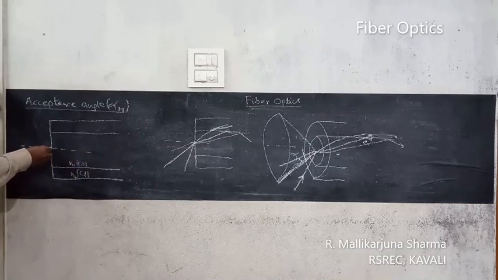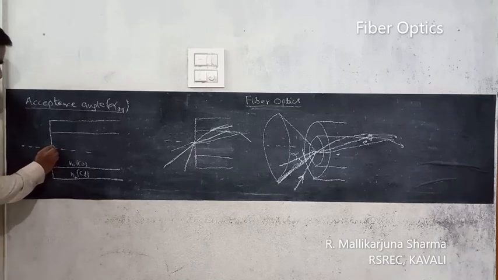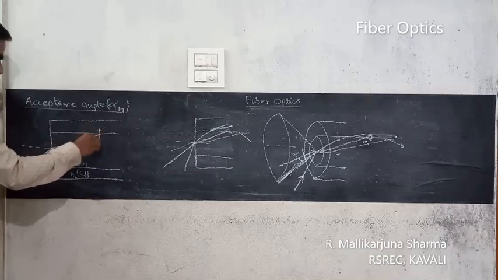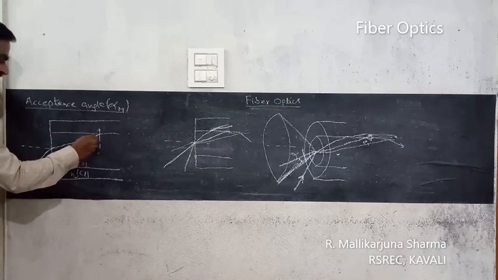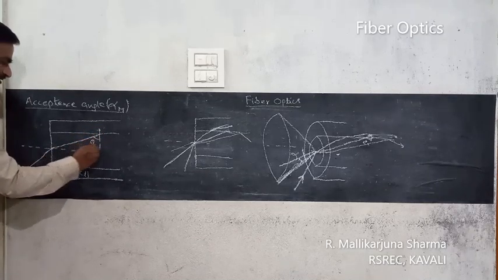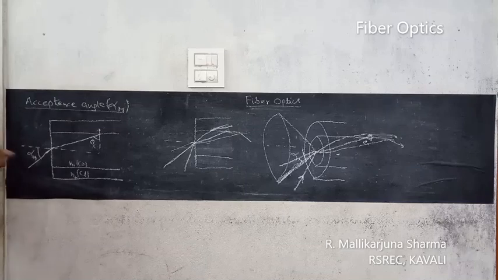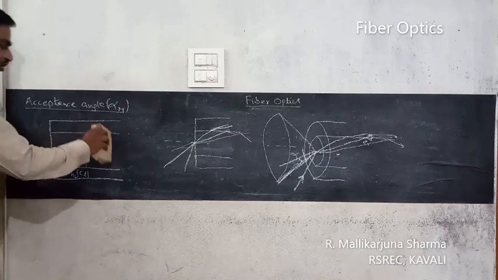If this is the critical ray, at this interface this angle is theta c. We call this one alpha m, the maximum angle of launch for which the light rays are accepted by this core medium.